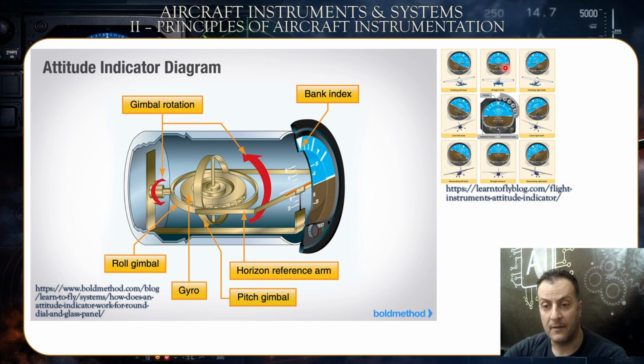And it will also give you how many degrees it's pitching up: 5 degrees, 10 degrees, 15. 15 is acceptable, but above that, especially for small aircraft, it can lead to a stall prematurely, especially at high altitudes.